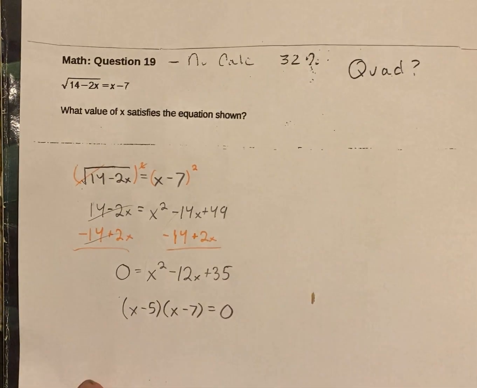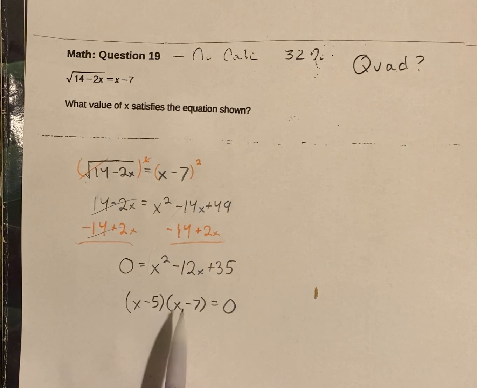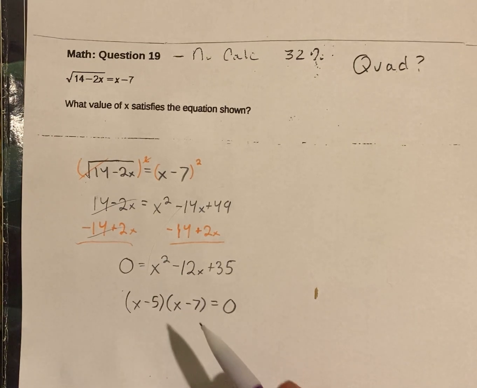So now we just made binomials. Now, one of these has to equal 0 for this to equal 0. It can be both, but this is most likely an OR situation. So this or this equals 0.